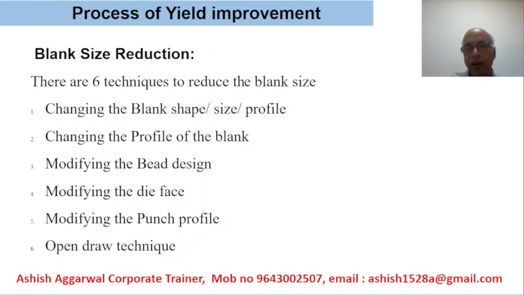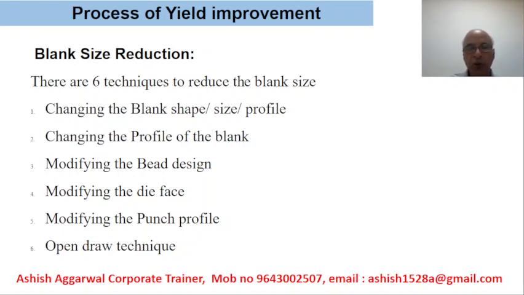Normally there are 6 techniques which are used to reduce the input weight, or in other words the blank size. Number one is changing the blank shape, size and profile. Another is modifying the bead design, shape and size of bead, modifying the die face, modifying the punch profile, and using the open draw technique.